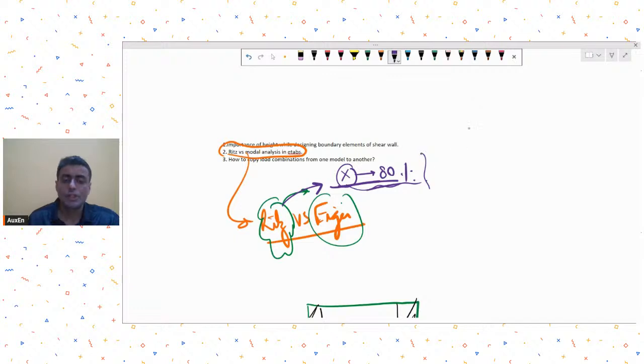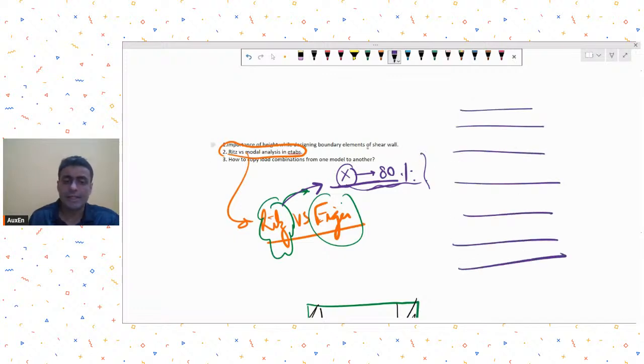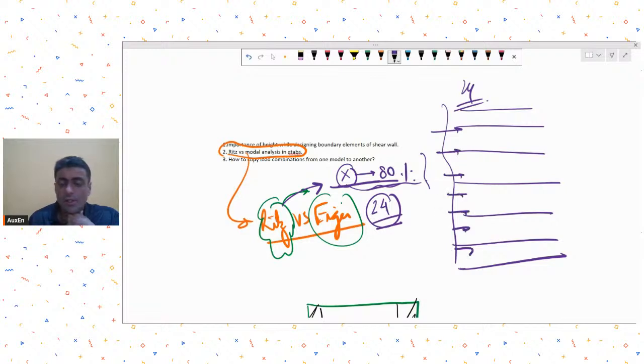So it will only give me those modes. And let's say I have capped the limit to 24 modes, the number of modes I have written as 24. So in the first 24 modes itself, ETABS will make sure that it will only give you those outputs, although the time period may be very small for it, but still it will only include those outputs which ensure that the total mass participation in the X direction is 80%.